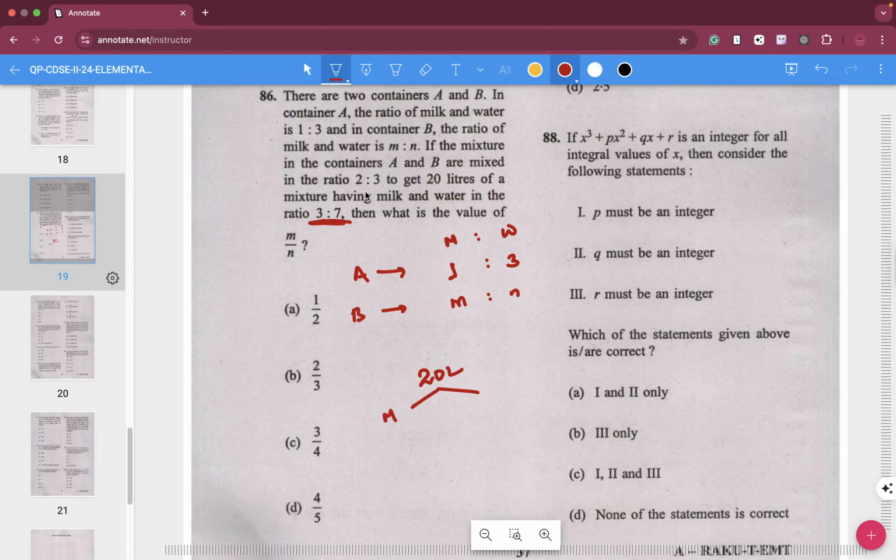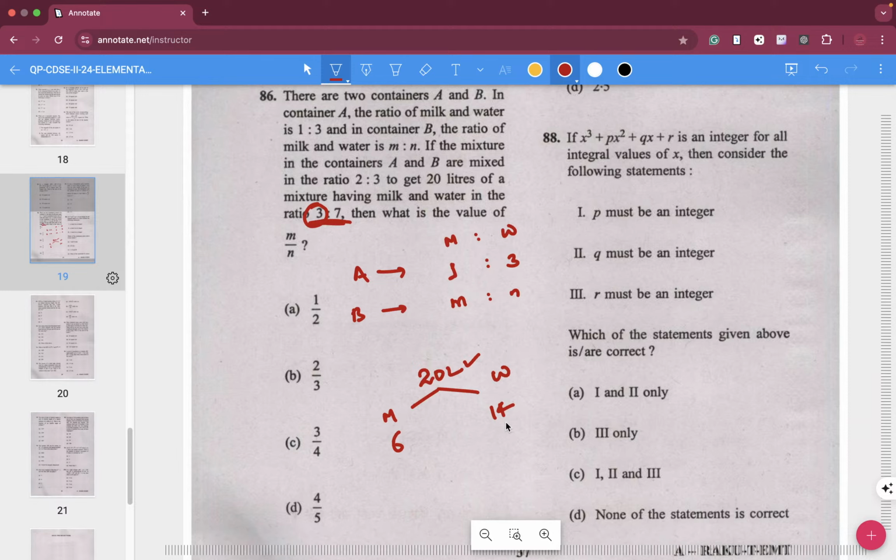Milk is 3 parts out of 10, which means out of 20 it is 6 parts. And water over here is 14 parts. So A and B are mixed in the ratio of 2:3 to get 20 liters.